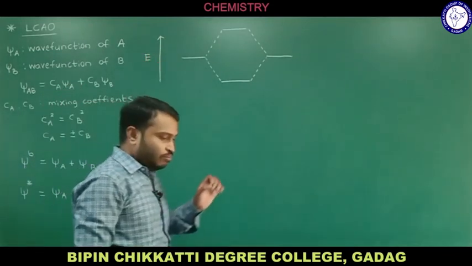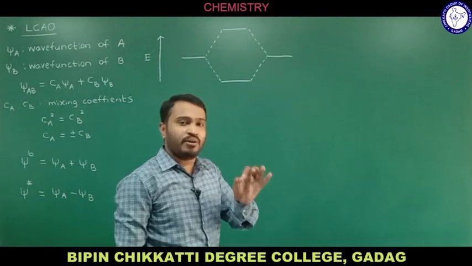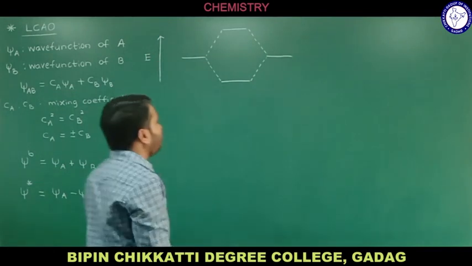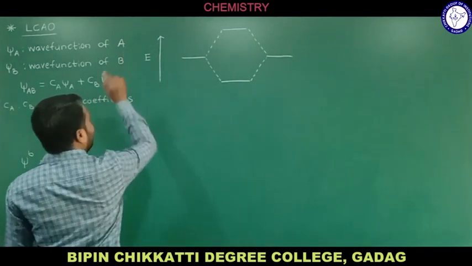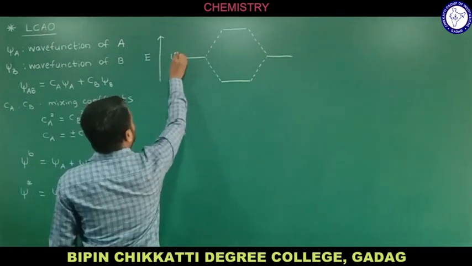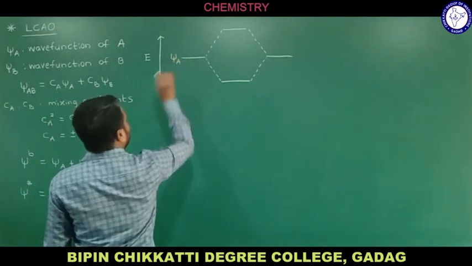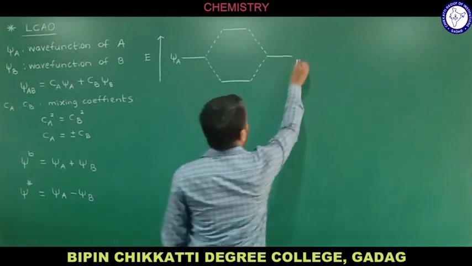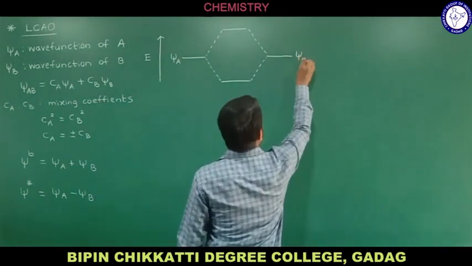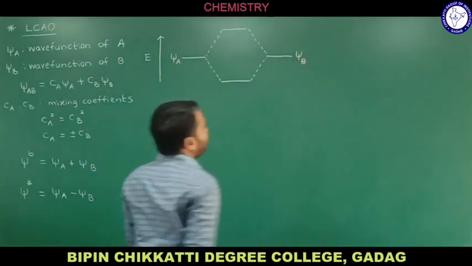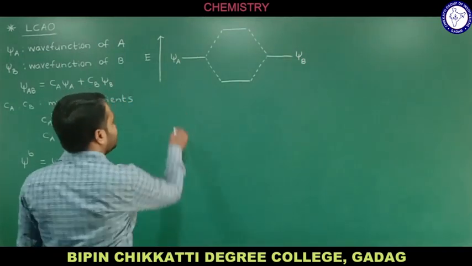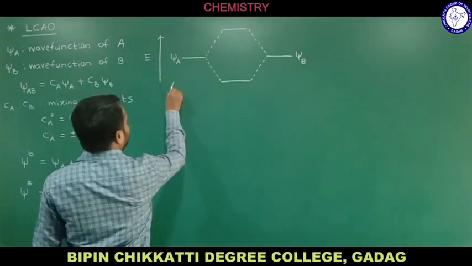As we know, a molecular orbital is formed by combination of atomic orbitals. As I mentioned, A and B are the two atoms. So psi a is the wave function of atom A, and here I consider psi b, which is the wave function of atom B, and these are the atomic orbitals, AO, I am going to represent here.